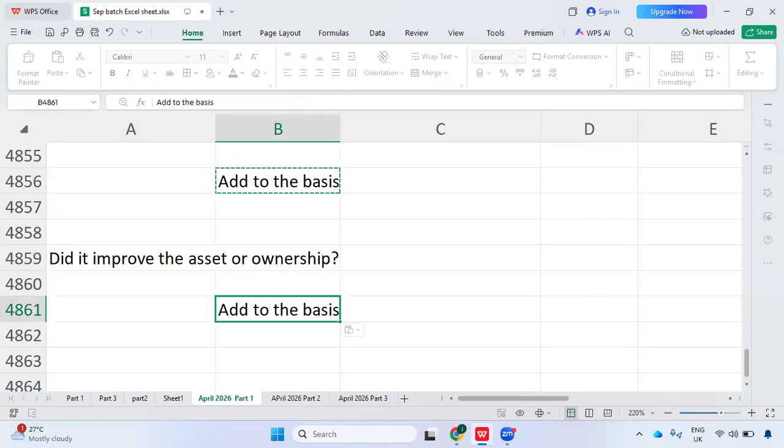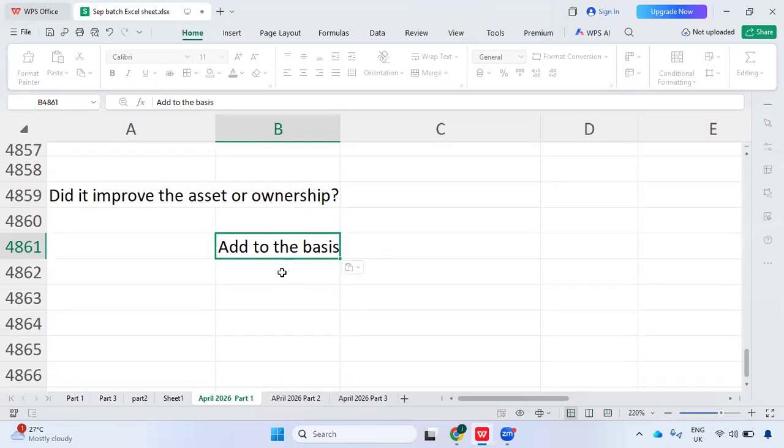These are the simple rules. One golden rule: whatever expenses we paid, did they make the property more valuable, improve ownership rights, or make a permanent improvement in the property? If yes, then those will be added to the basis. So this is in general.